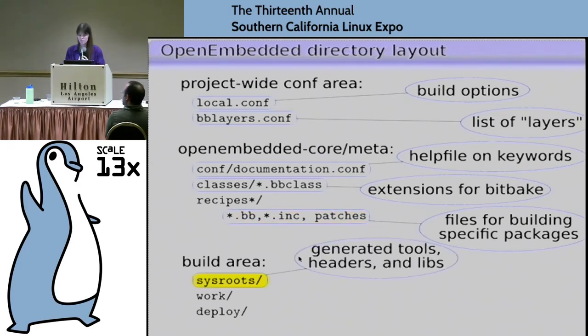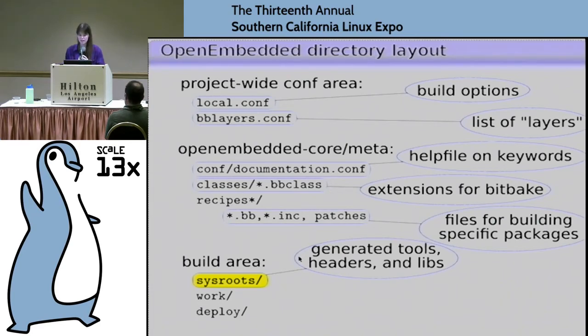Now we have the build area. I've only shown 3 bits of it, which is somewhat misleading. Makes it look like it's nice and simple like the Buildroot one, but that is actually a false impression because these are only top-level directories where you can have a bunch of other subdirectories.